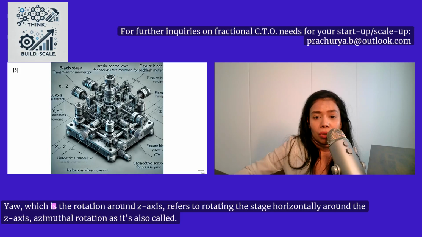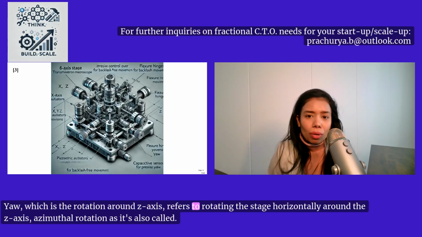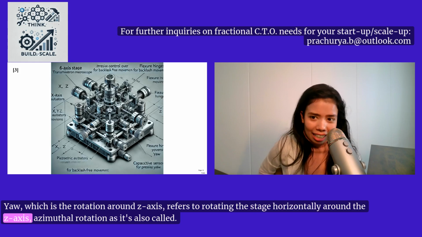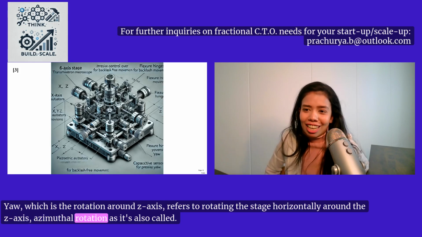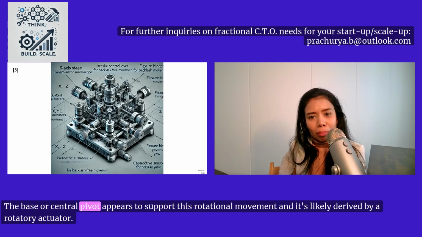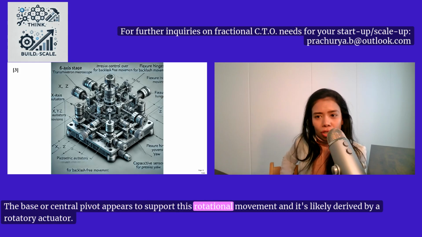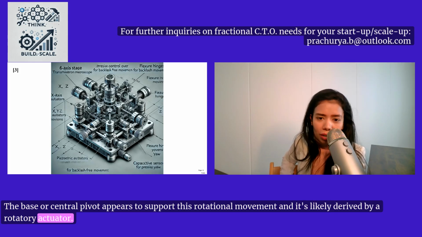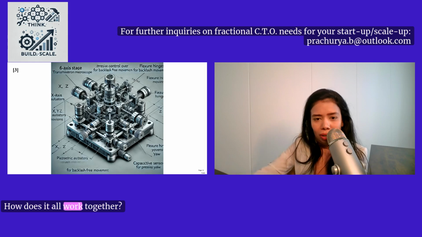Yaw, which is the rotation around the Z-axis, refers to rotating the stage horizontally around the Z-axis, azimuthal rotation, as it's also called. The base or central pivot appears to support this rotational movement, and it's likely driven by a rotary actuator. How does it all work together?